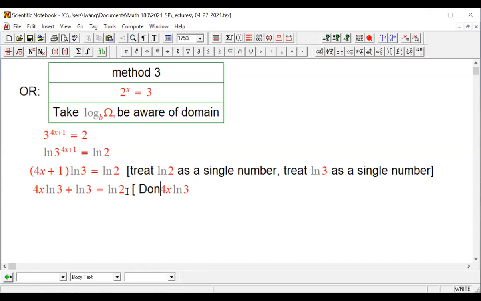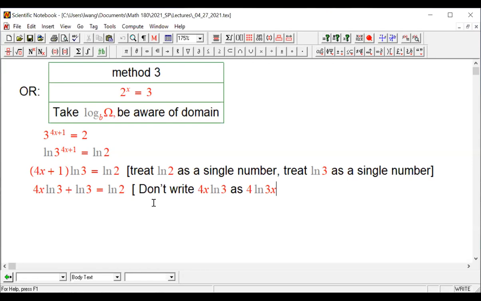Don't write 4x times ln 3 as 4 times ln 3x. Follow me? Because normally we write the variables at the end, right?